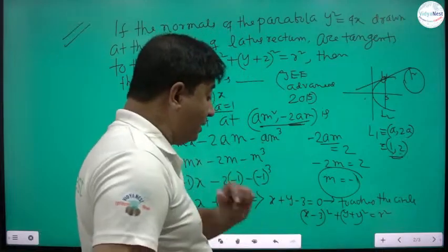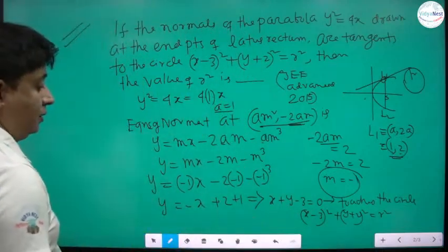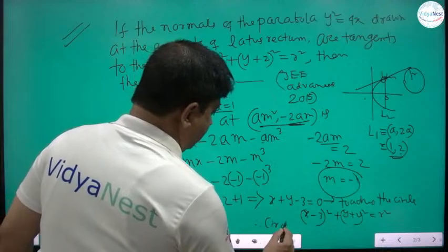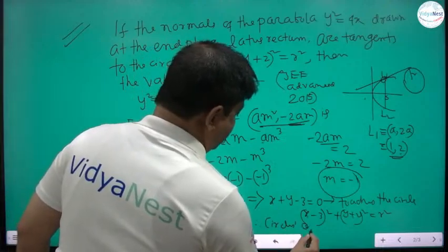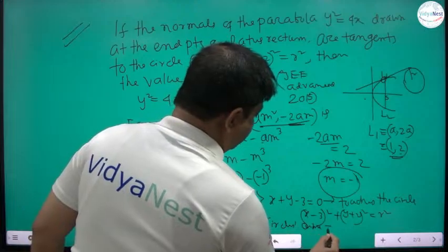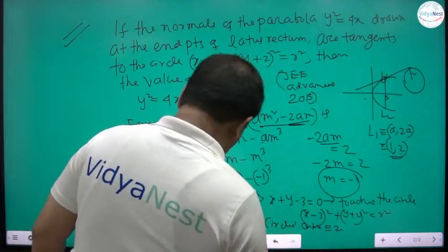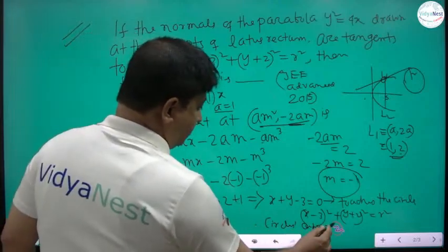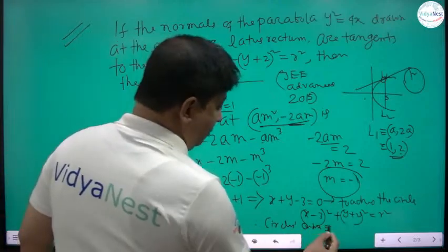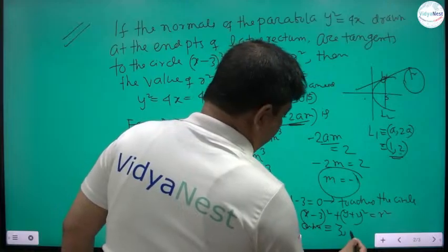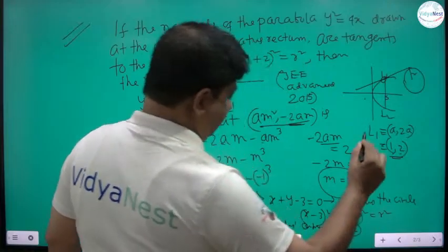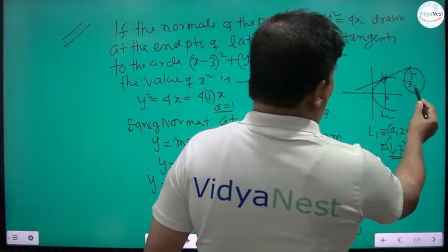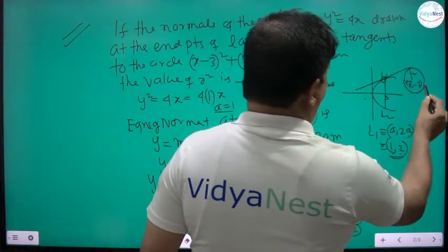What is the center of this? Therefore, the circle center is (3, minus 2). If anywhere you face doubt, don't hesitate to ask me. This is the center, (3, minus 2).